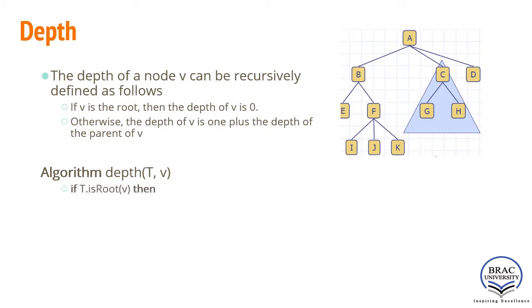So the first line will be: if the tree is root V, then the value returned will be 0. Else it will return 1 plus depth of T, that means actually the root node, and parent of the node which we want to calculate the depth.